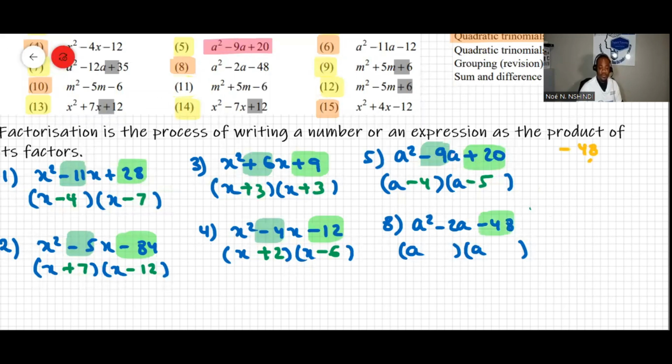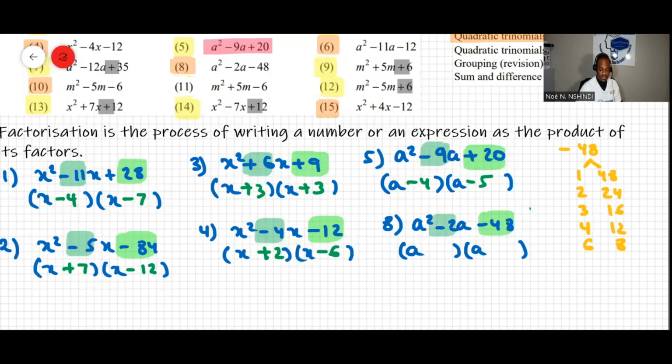Now all the factors of 48 are 1 and 48, 2 and 24, 3 and 16, 4 and 12, and then 6 and 8. So those are the factors of 48. Now, in the list of the factors of 48, there must be exactly one couple which will make a sum equal to the coefficient of the middle term, negative 2.